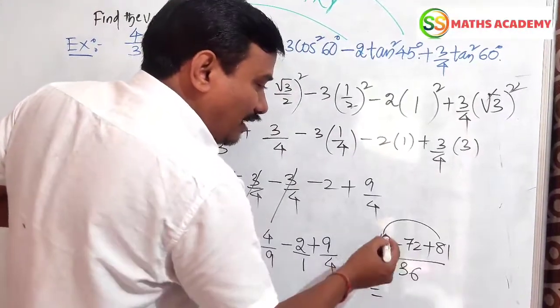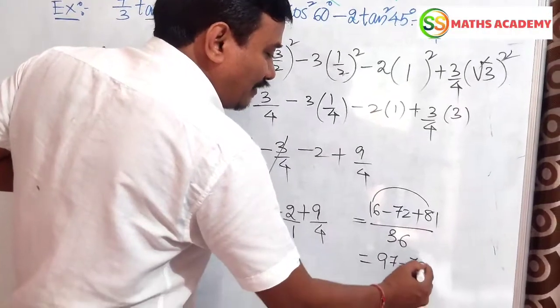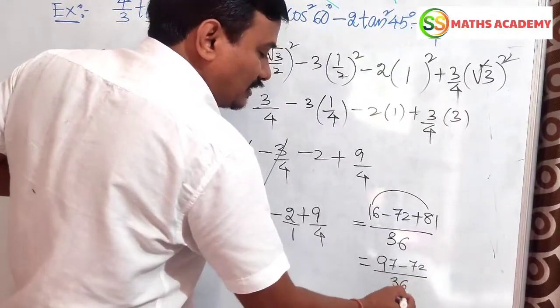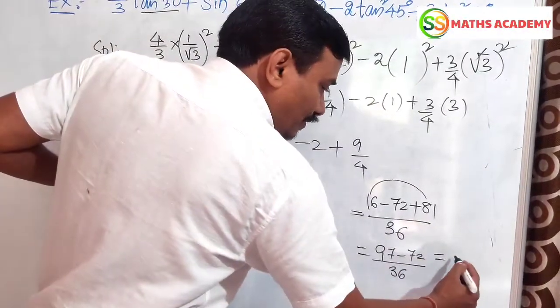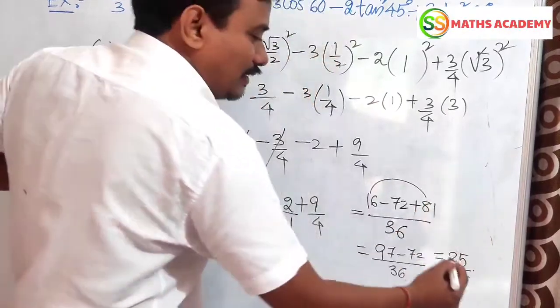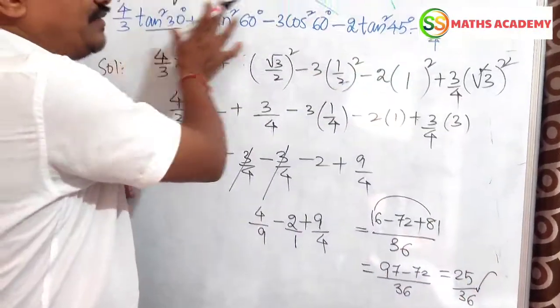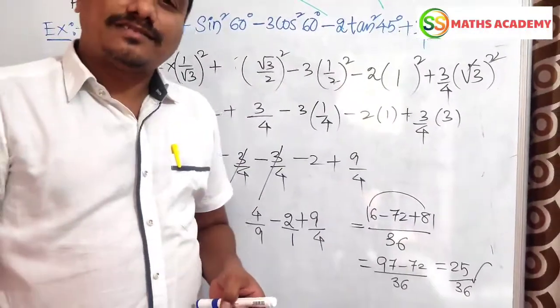So here 81 plus 16 is 97, minus 72, by 36. That is nothing but 25 by 36. The simplification value of your question is 25 by 36.